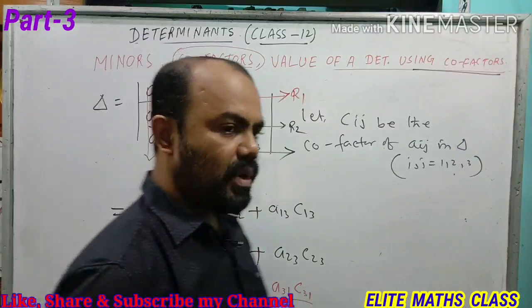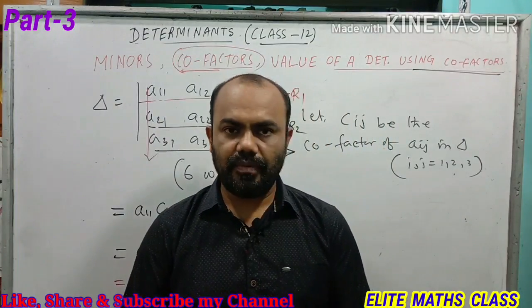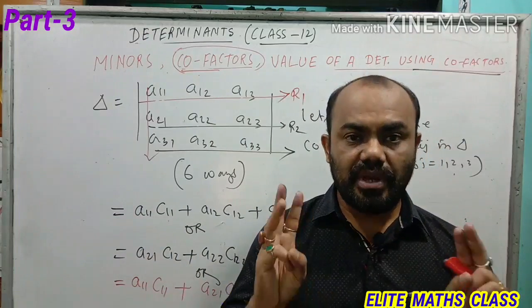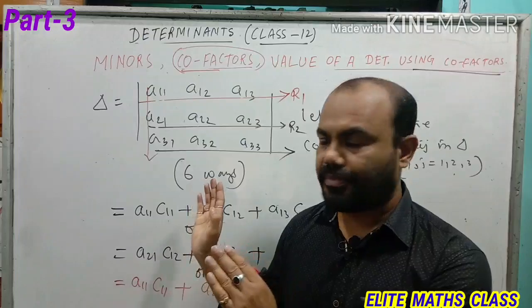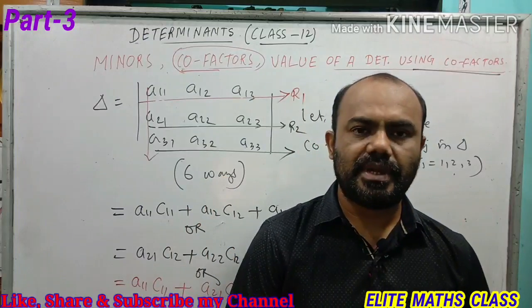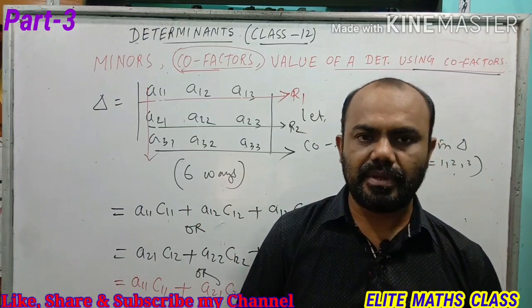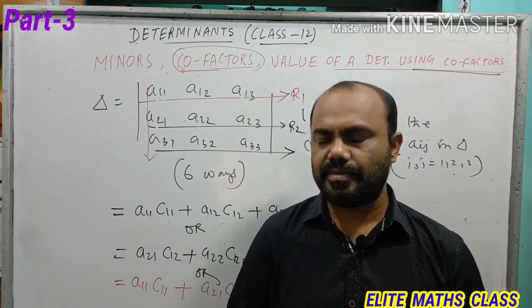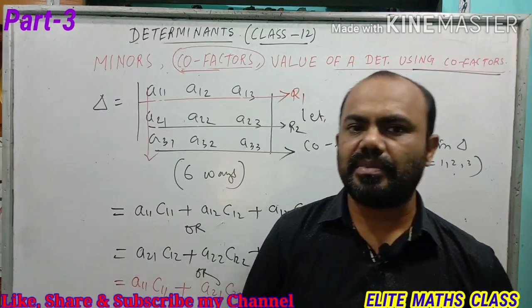So this is another way of expansion of a determinant of order 3×3. So up to this I have discussed three methods to find the value of a 3 by 3 determinant: the minors method or Laplace expansion method, the shortcut method, and this cofactors method.